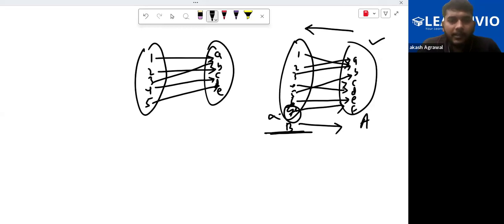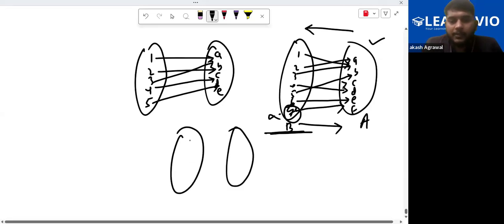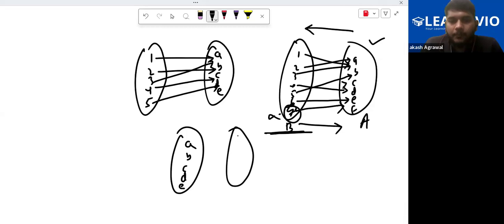Nobody understood what I asked? What I'm saying is, if we have a set like this, suppose A is connected to 1, B is connected to 2, C is connected to 3, D is to 3, E is to 4.